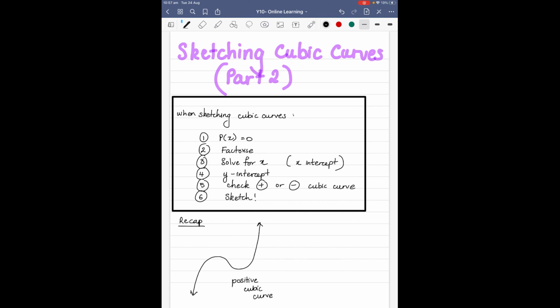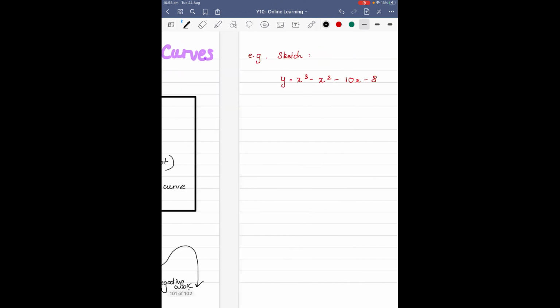Negative cubic curve, you start from the top, something's happening that's negative, and then you crash and burn and you go downhill, and that is a negative cubic curve.